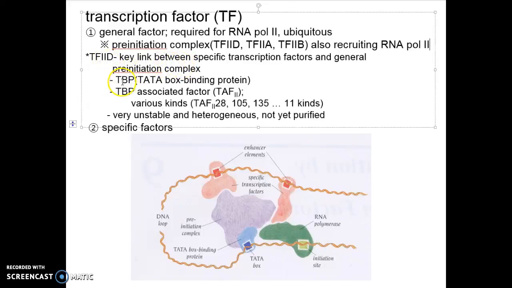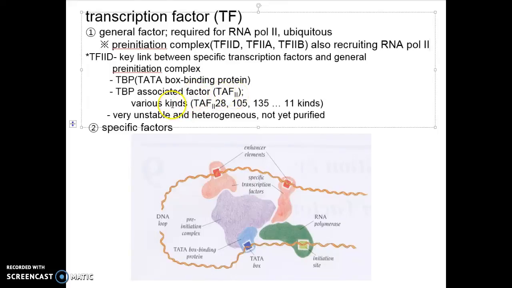There is TBP protein in this complex, which is the TATA box binding protein, plus TBP associated factors, TAFs.